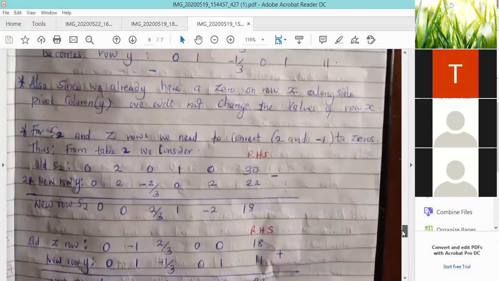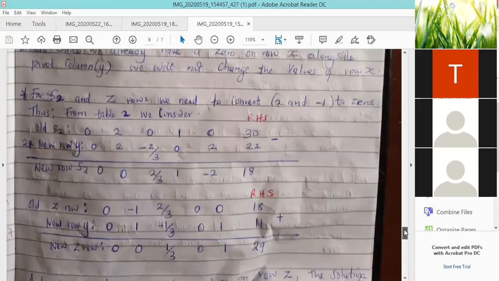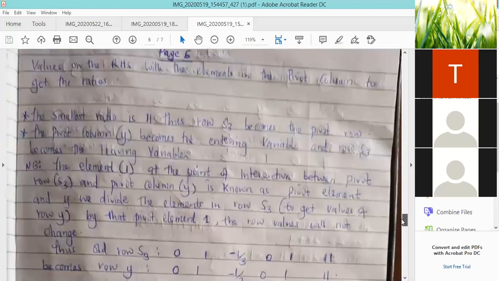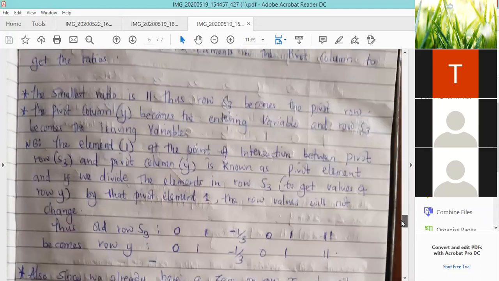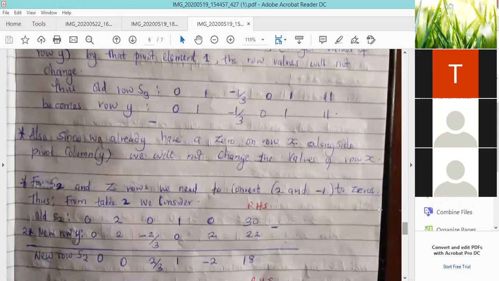Let's go back there. This was our row S2. Previously we had 0, 2, 0, 1, 0, and 30. Then we have taken what? We have taken our row y, whose values were 0, 1, minus a third, 0, 1, 11.